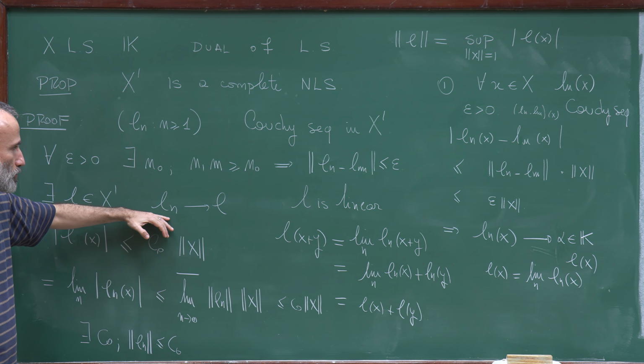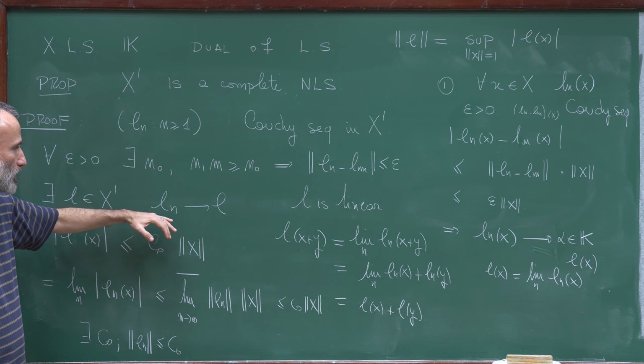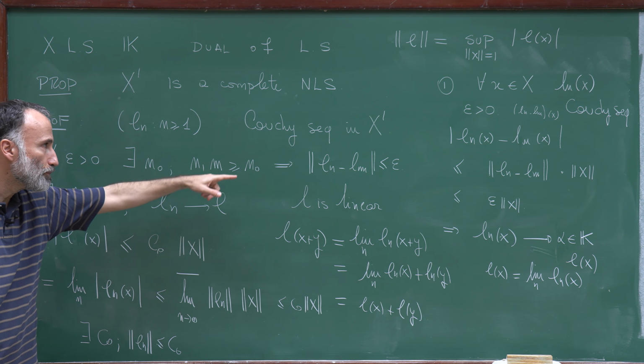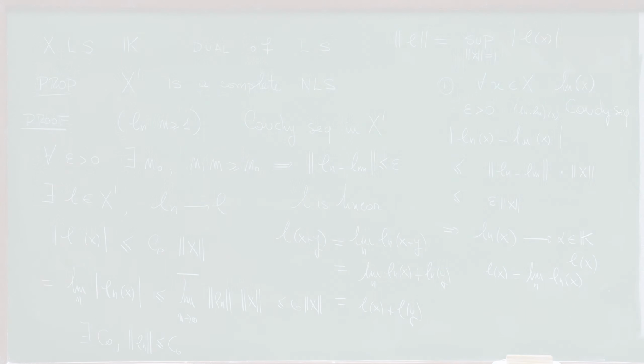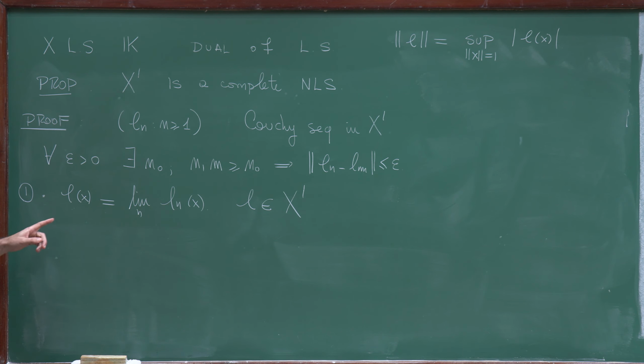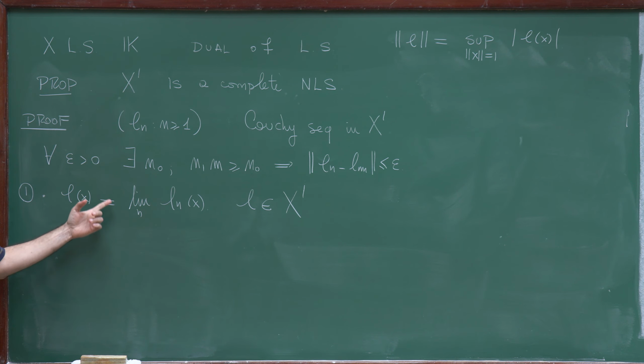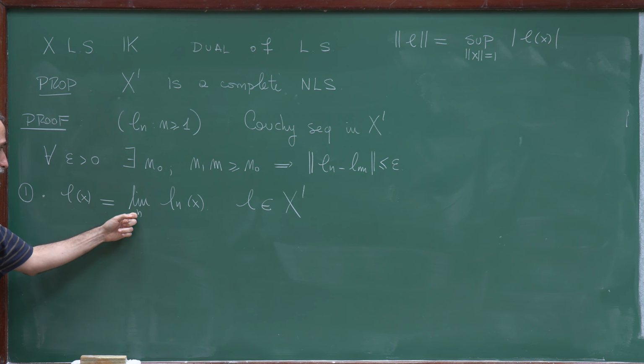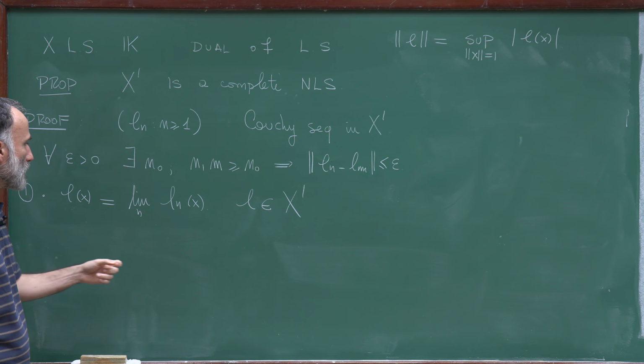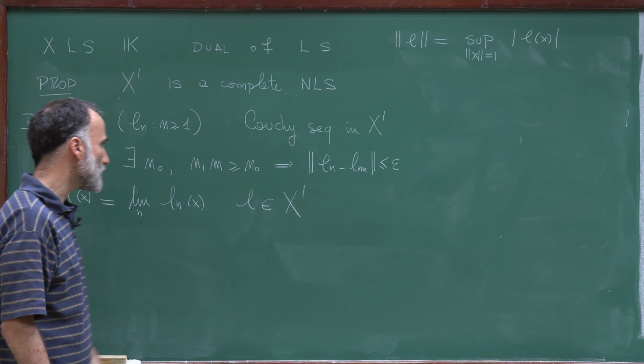And what remains to be done is to prove that Ln converges to L in the norm. So we proved that L, defined pointwise as Lx equal to the limit of Ln x, that the limit exists, and this formula defines an element of the dual space.